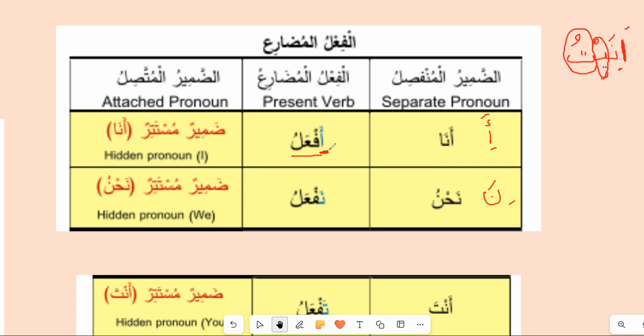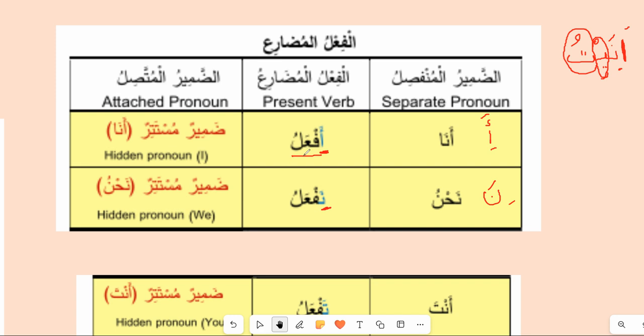By seeing it, you know that it is a fail mudare and that it is representing ana. And by seeing the noon in blue color, you understand this is for nahnu. Now, one may ask, where is the damir? Always know that the damir comes after the fail.